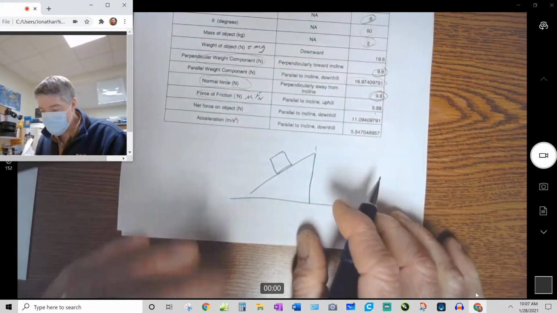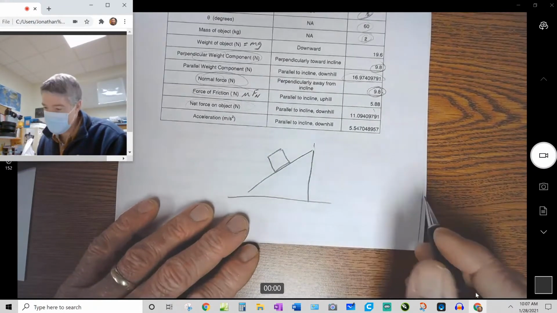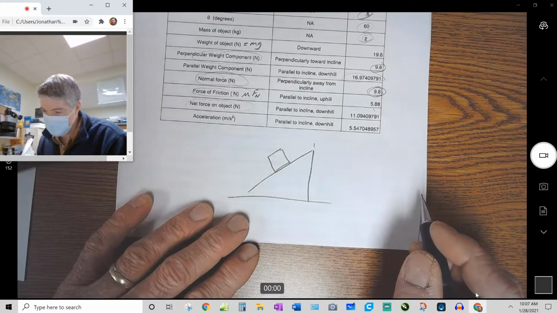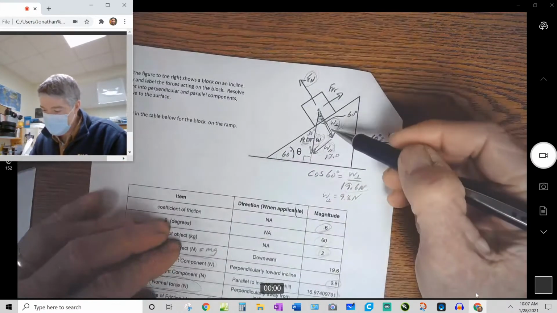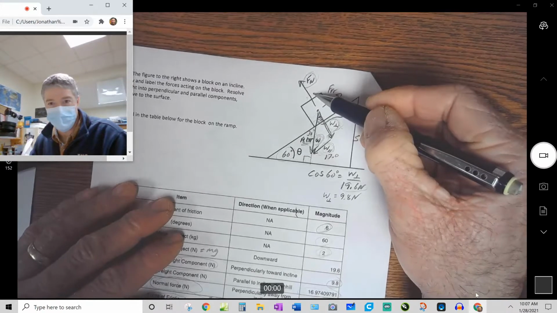To get the net force in my picture, I need to show all the forces that don't cancel out with one another. And really, in this picture, these two cancel out, the perpendicular component and the normal force.